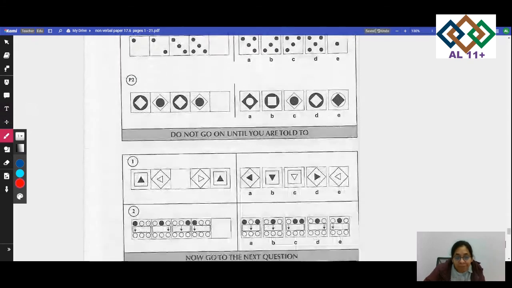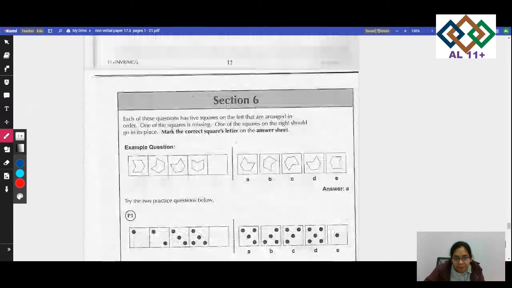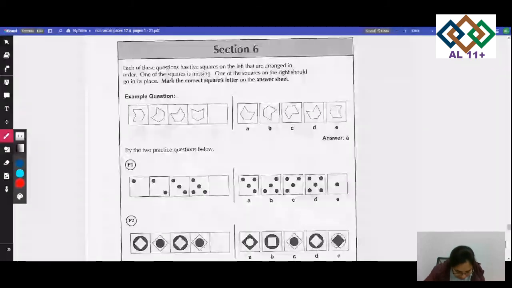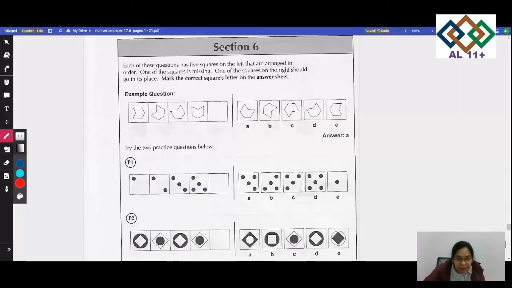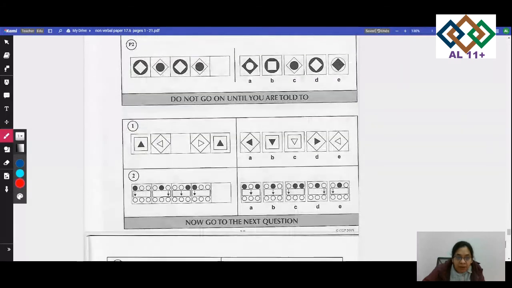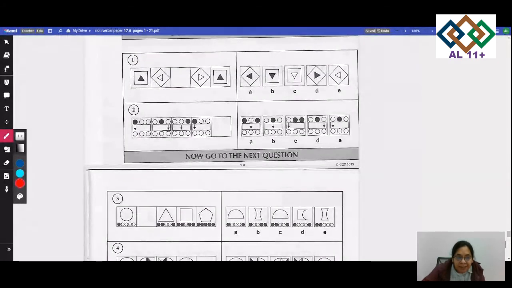Now we are on the last section. In this, you have to complete the series. So if you look at this one, what will be here? They are moving. If you look at that, they are moving 90 degrees. In each series, the triangle rotates 90 degrees anti-clockwise and the square is rotating 45 degrees.